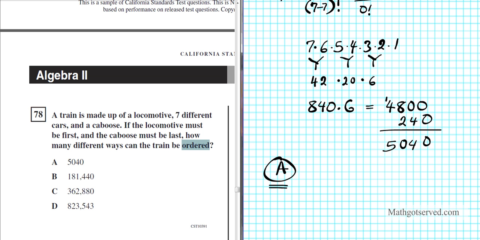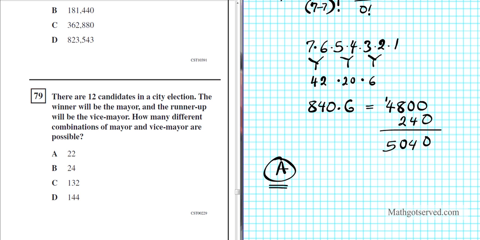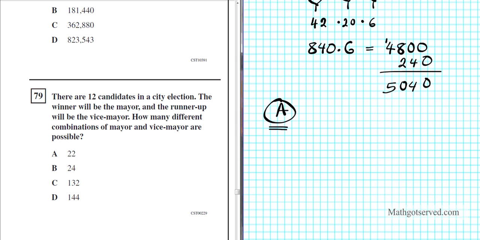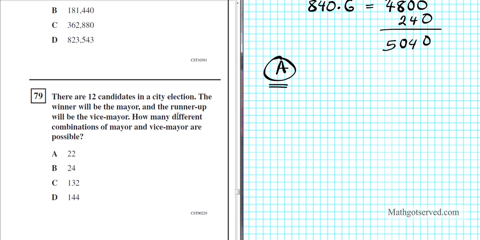All right. Let's take a look at question 79. It says there are 12 candidates in a city election. The winner will be the mayor and the runner-up will be the vice mayor. How many different combinations of mayor and vice mayor are possible? So is this a permutation or combination problem? Don't let this word combination throw you off, okay?